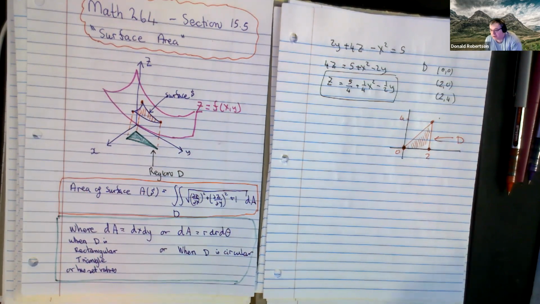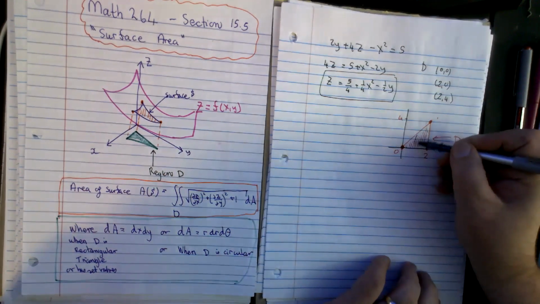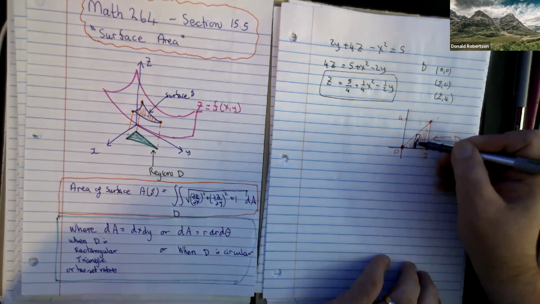And actually it doesn't matter because both work, but which one would you like me to do? Vertical scanning or horizontal scanning? Vertical. Okay, so we go vertical, it's this guy.